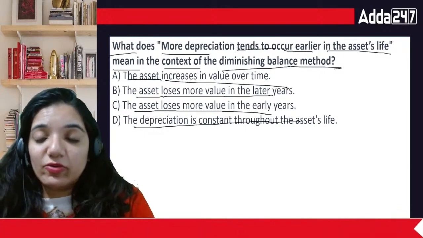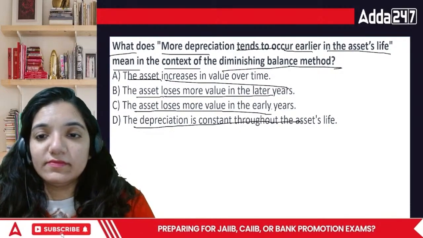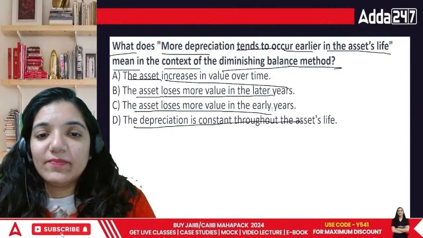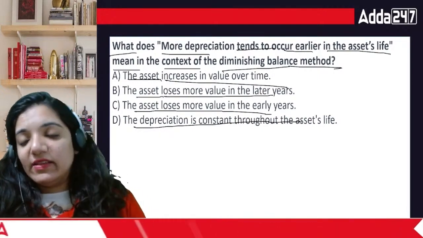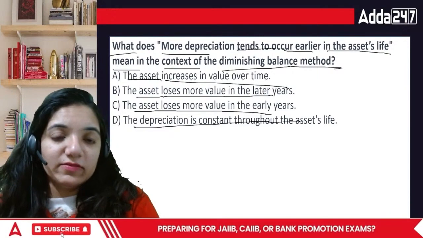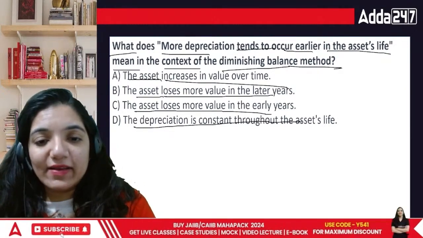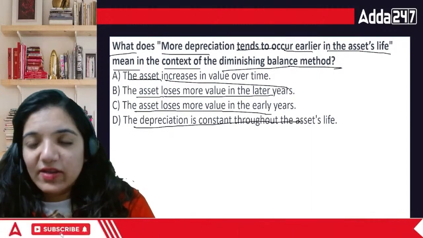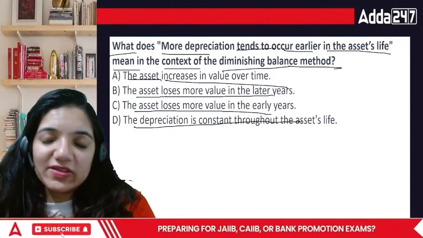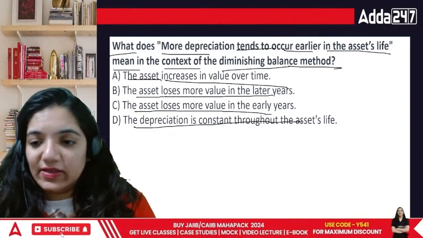Everyone, what would be the answer in this case? We have just talked about it, and the example was an iPhone. The value decreases more in the initial years because you buy it and then you are using it, and then the value goes down. So once the value goes down, it's definitely something that is going to hurt us. So when we talk about this area, it's going to be like that only.